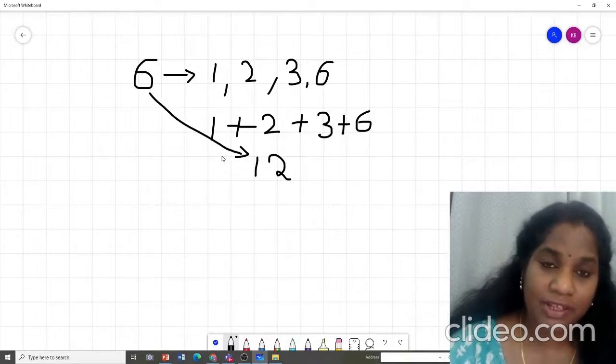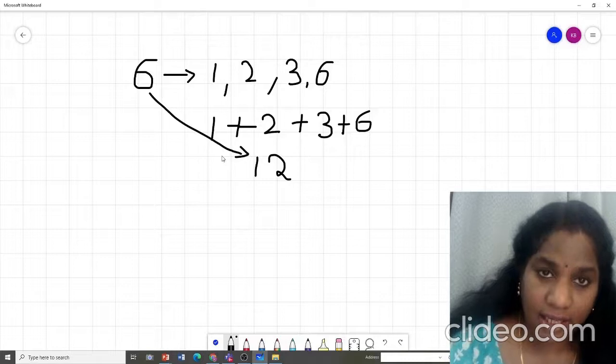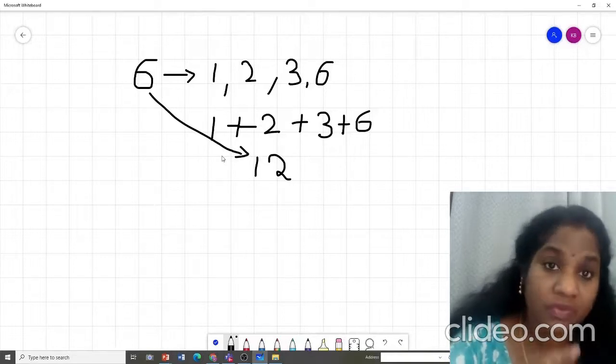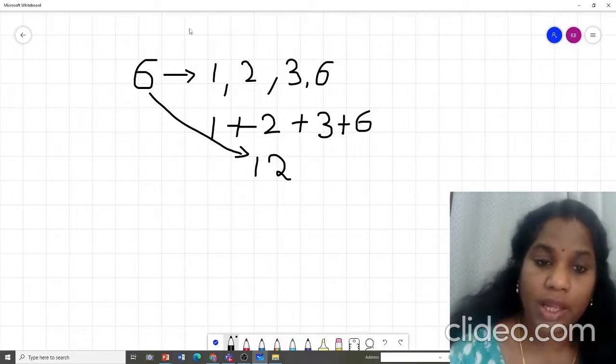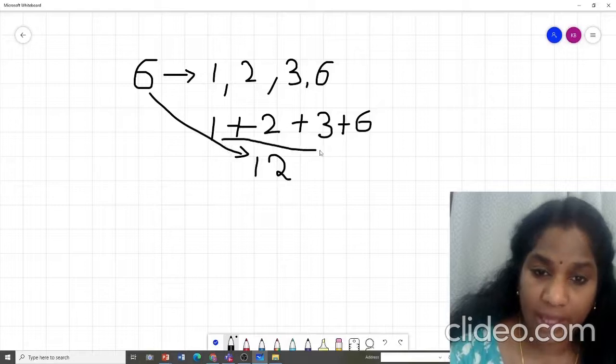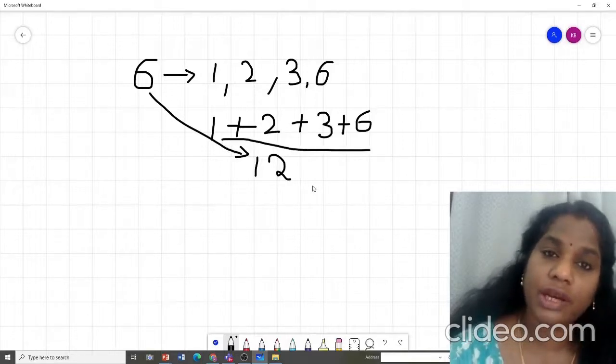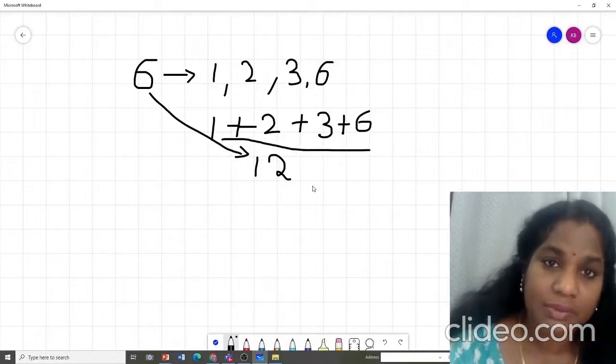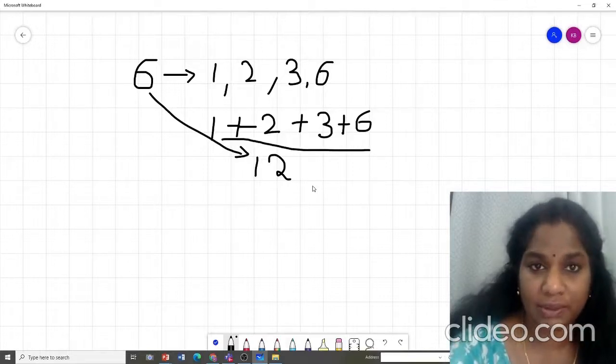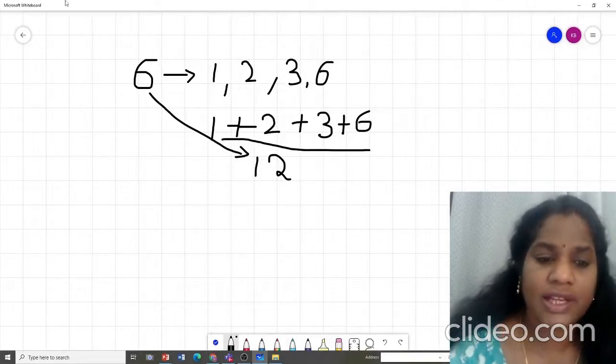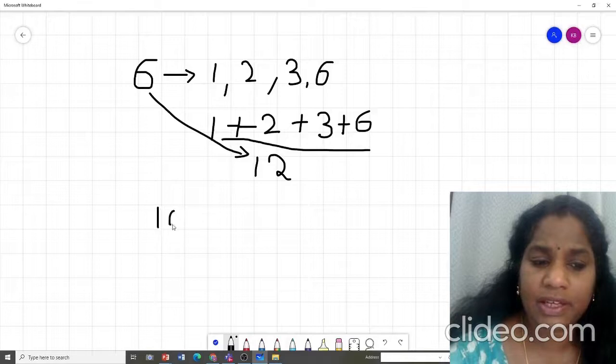So what is a perfect number in terms of definition? Any number whose factors when added together gives you double of the number, it becomes a perfect number. Okay, so let us see if 10 is a perfect number.